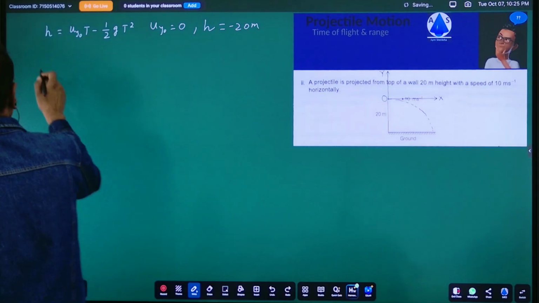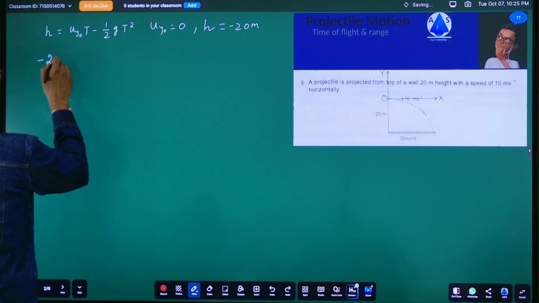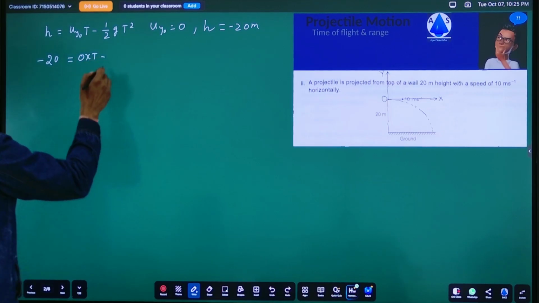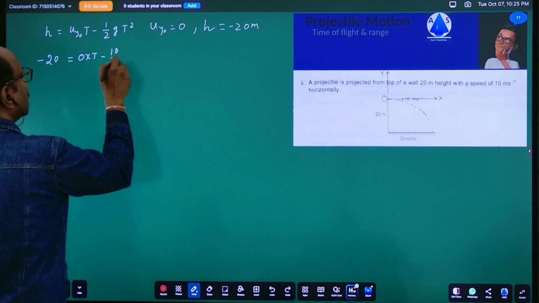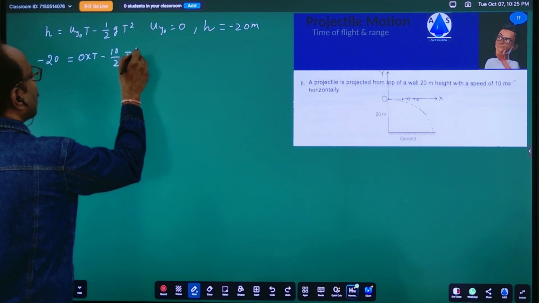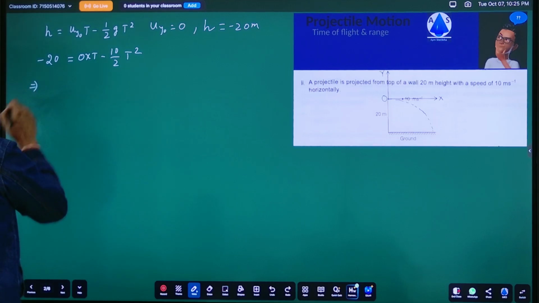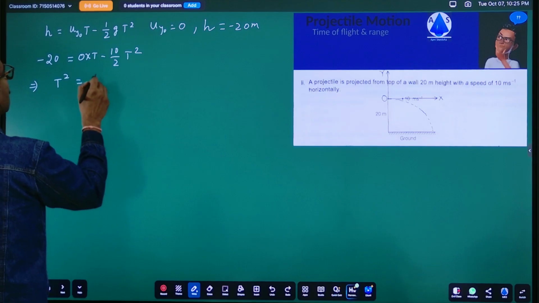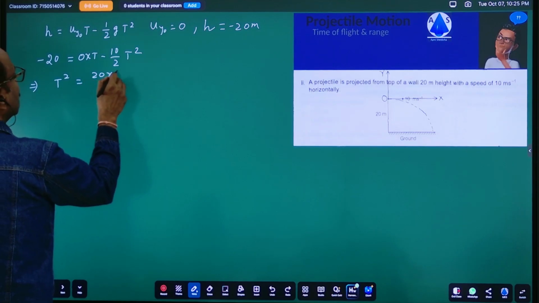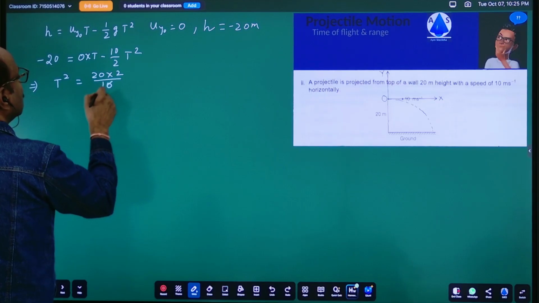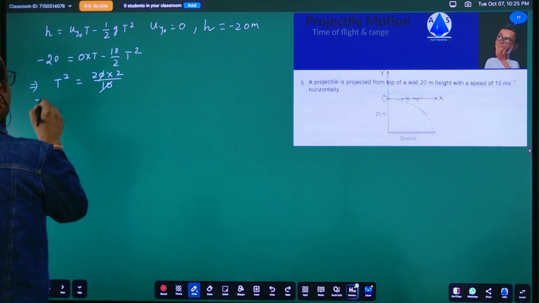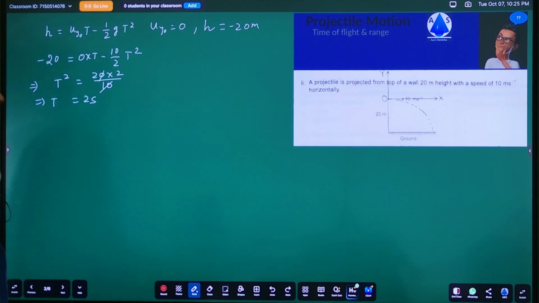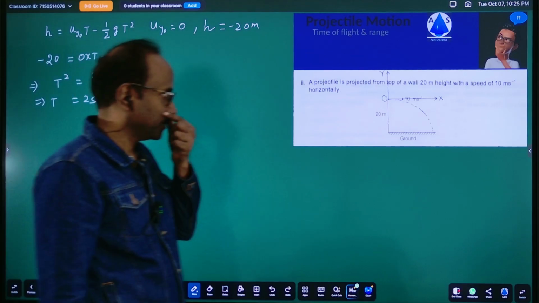So you put the value over here. g, take it as 10. t square is 20 into 2 by 10, so t is 2 seconds. So your time of flight is 2 seconds.